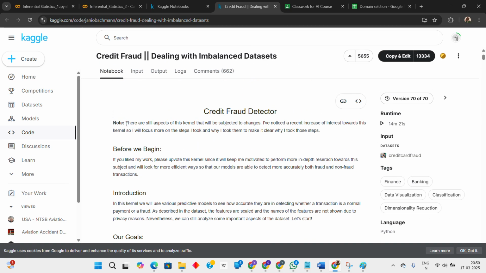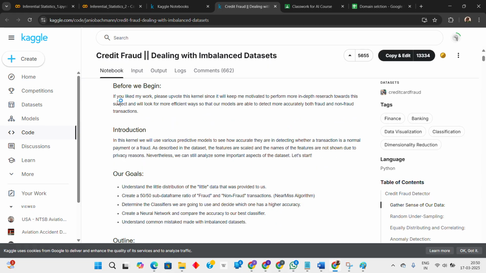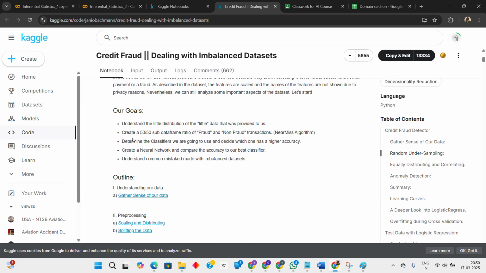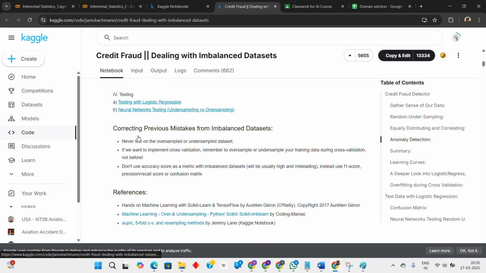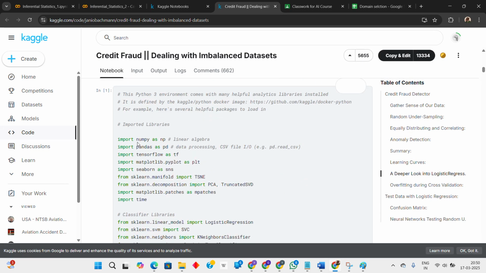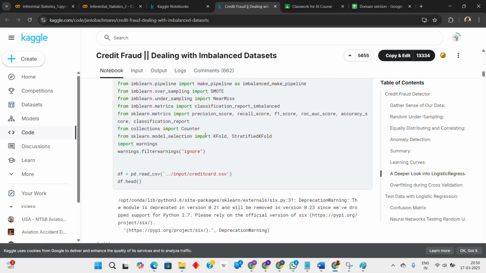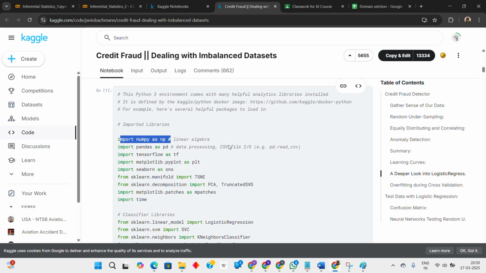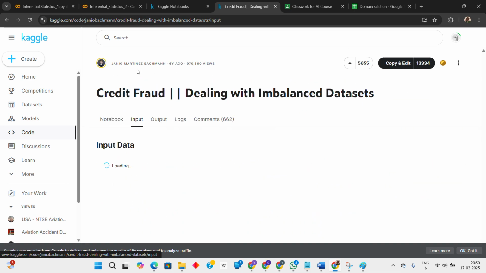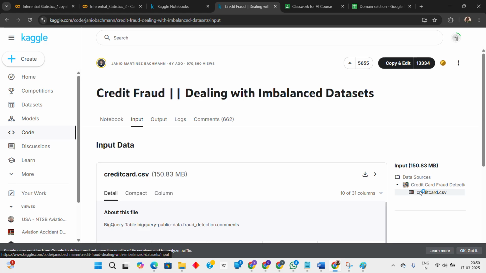Understand what is meant by credit card defaulter detector, and before we begin, what is important: our goals, outline, pre-processing, testing, everything is written here. Also understand NumPy, Pandas, whatever libraries I told, only focus on those. You will get the data set also here, under input. If you go to the input, there you can see the data sets.